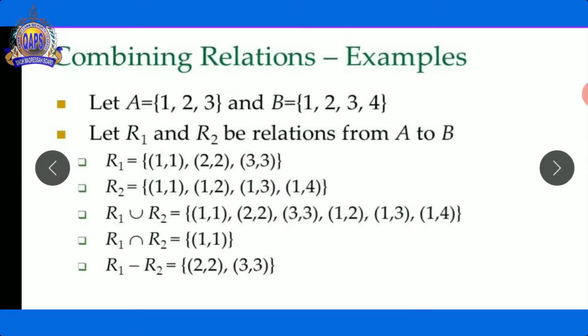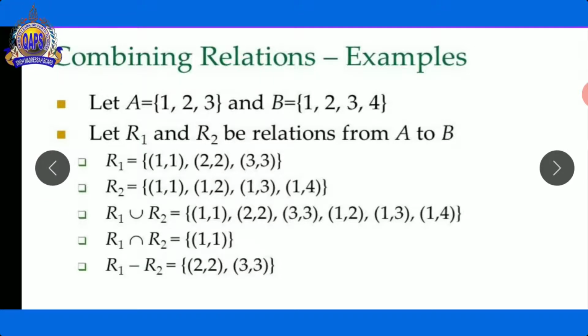When we solve the union between these 2 relations, only one ordered pair is the same, so we write it once, and all the others are also written in the same form. In a union we combine the elements of both sets.